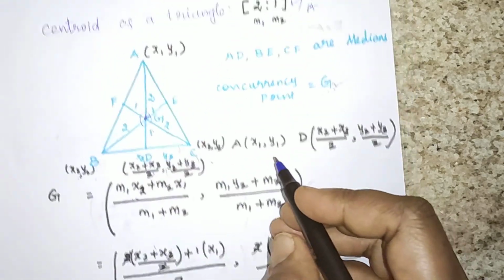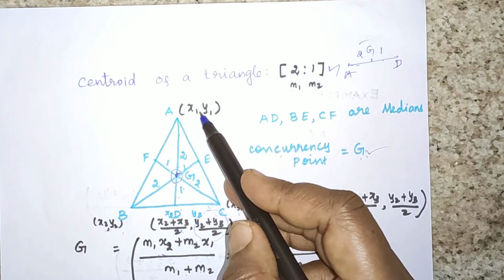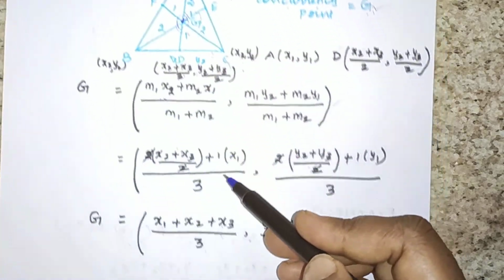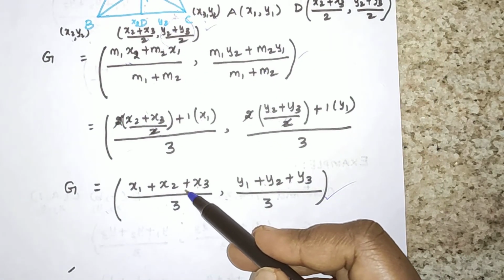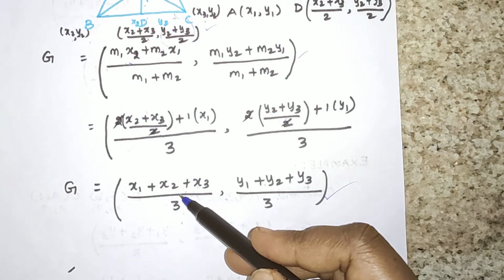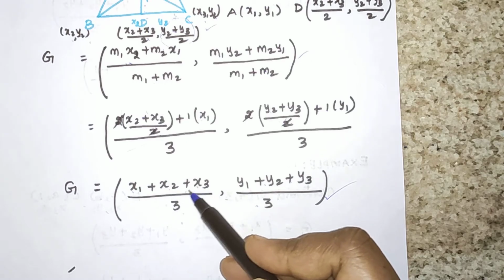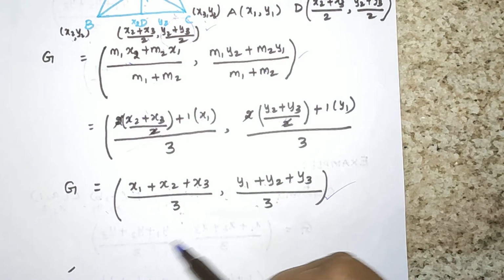So the centroid is a property of a triangle. If in a question they give 3 vertices of a triangle, we can find the centroid using this formula. First assign the 3 vertices as (x1, y1), (x2, y2), (x3, y3), then substitute in this formula.